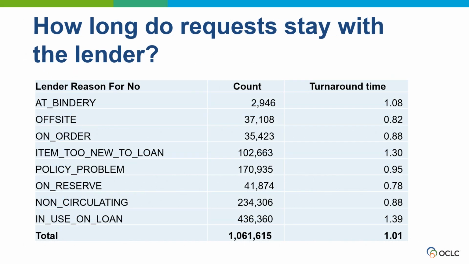So we did an analysis to see how long requests stay with the lender, basically from when the request arrived in your lending queue till you were able to go out, search your OPAC, and determine if it was available. And what we found was that on average, it took about a day for lenders to respond no. And as you can see, over the last 12 months, they responded no over 1 million times for these different reasons.